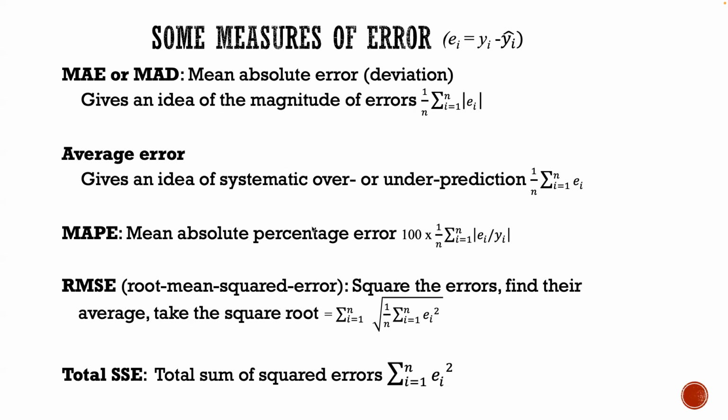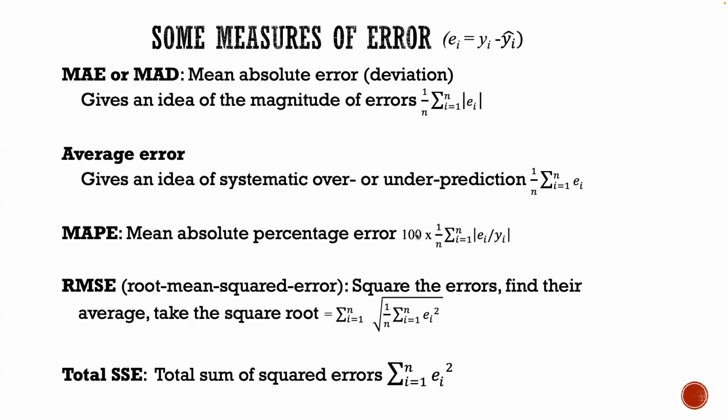And then mean absolute percentage error is when we take the error, which is the difference between actual minus predicted, but every error is then divided by the actual. So you can see e_i divided by y_i: every error that we have for the predicted value, we divide by the actual value, so that we know what the actual percentage error is.